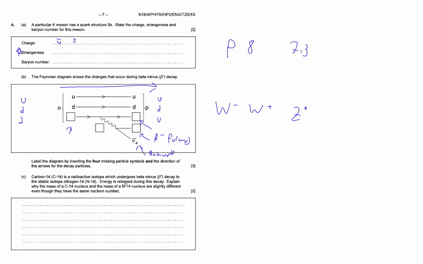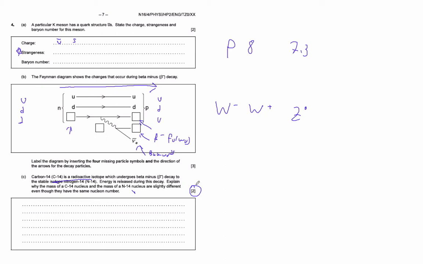Carbon-14 is a radioactive isotope that undergoes beta minus decay to a stable isotope of nitrogen-14. Energy is released during this decay. Explain why the mass of a carbon-14 and a nitrogen-14 nucleus are slightly different, even though they have the same nucleon number. It has to do with energy.